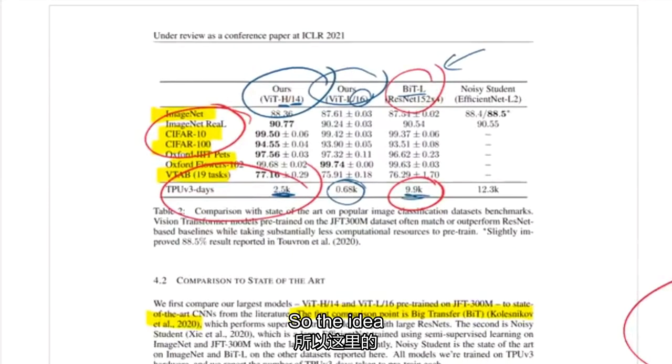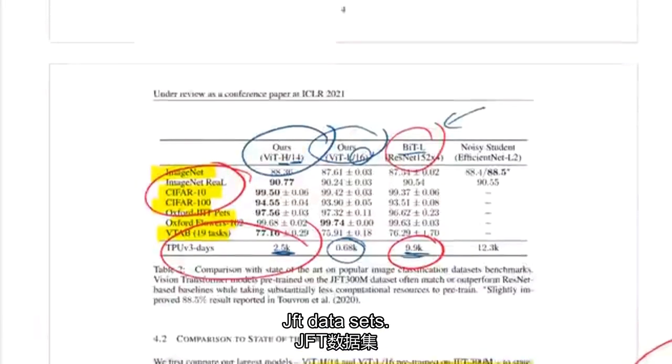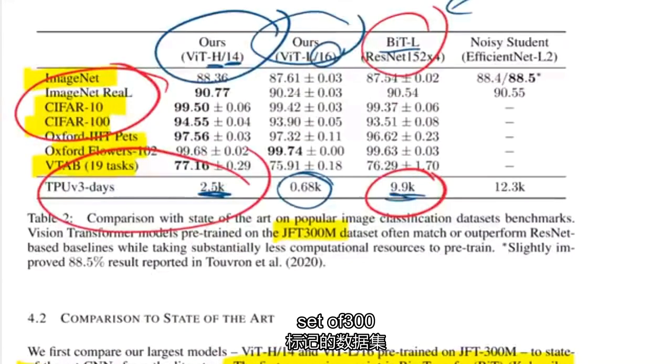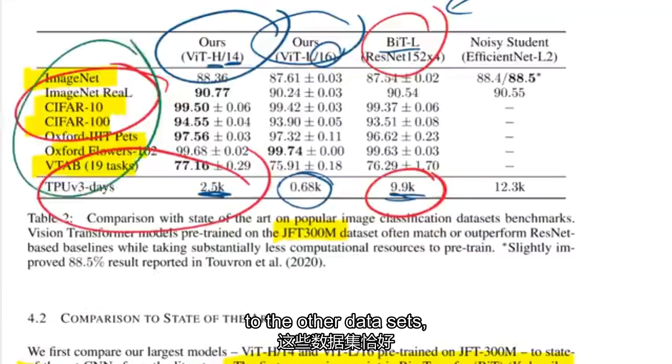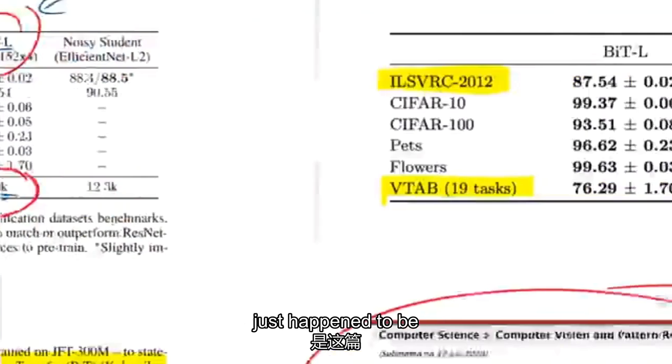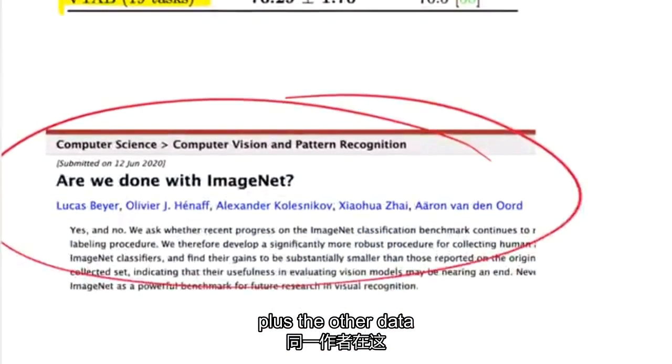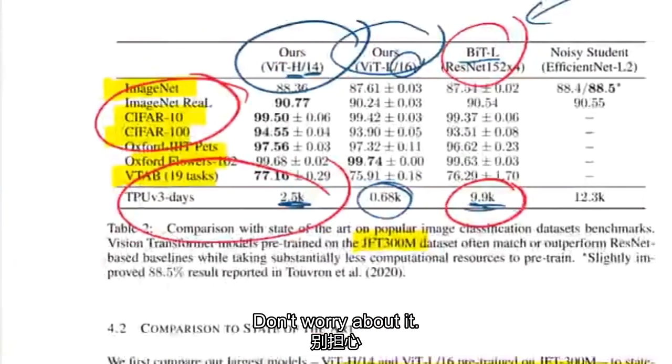Okay, so the idea here is you train on these big data sets like this JFT data set. So you pre-train on that. This is a weakly labeled data set of 300 million images, and then you transfer to the other data sets, which just happen to be the same data sets that this paper used, plus the other data set that the same authors created after this paper came out. Don't worry about it.